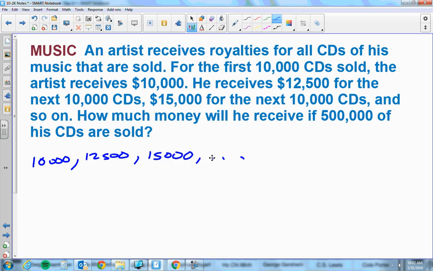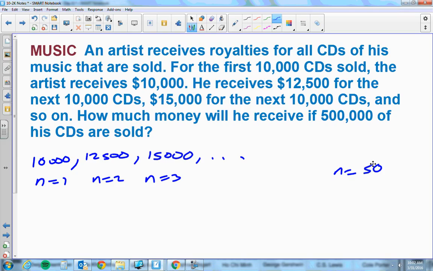Okay. Now, I'm saying this is for one 10,000, for the second 10,000, for the third 10,000. I want to go to n equals what? How many 10,000s is that? So I just need to sum up the first 50 terms in that sequence.